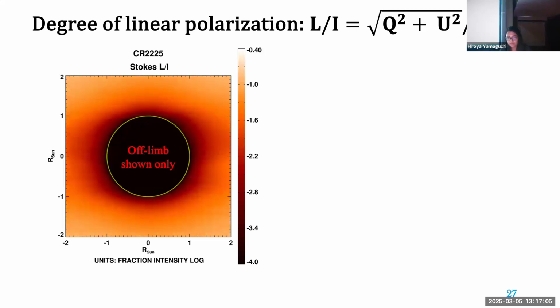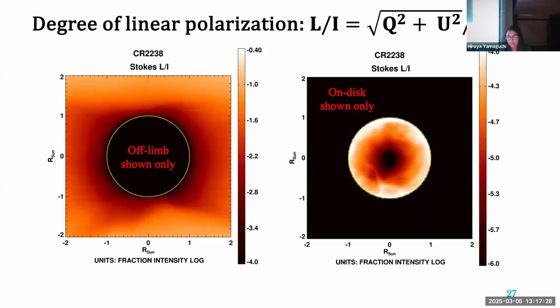We can clearly see that the electron density drops very drastically off the limb as we go to higher layers, and the signal increases towards 2 solar radii. This effect I'll show in a later slide. It's very prominent during the maxima and minima phase, how the structure changes.